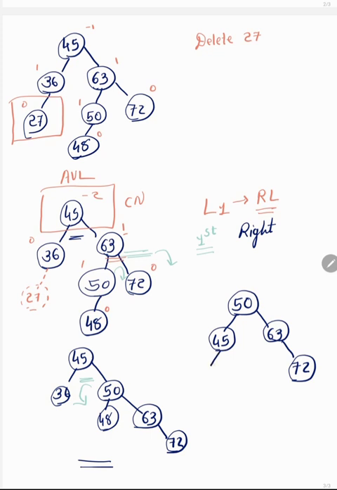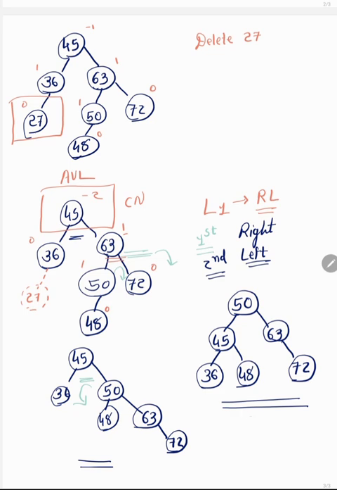The left child of 45 will remain the same, that's 36. And this 48, which was previously the left child of 50, will now become the right child of 45. So after this double rotation, left and right rotation, this is my second rotation. So after these two rotations, what I am getting is this, right? And this is my final answer.